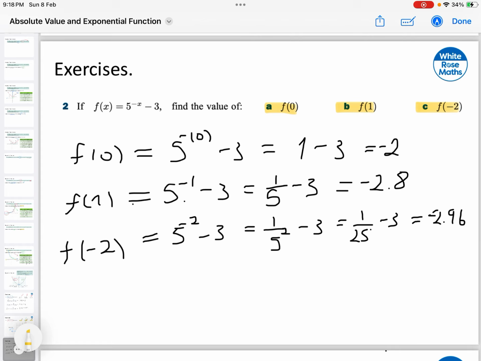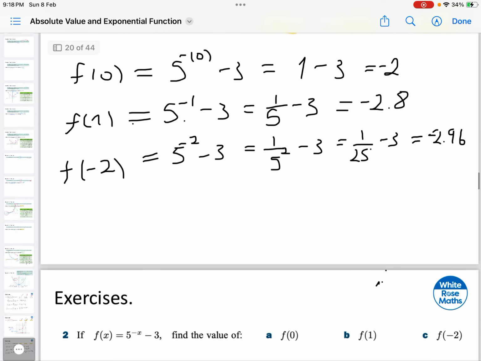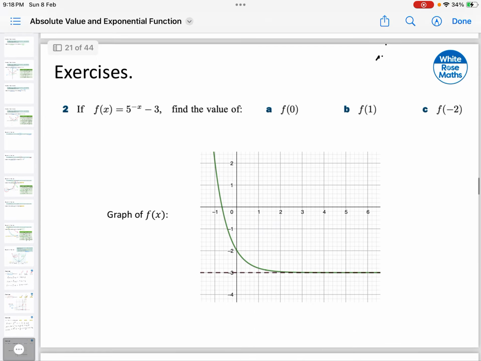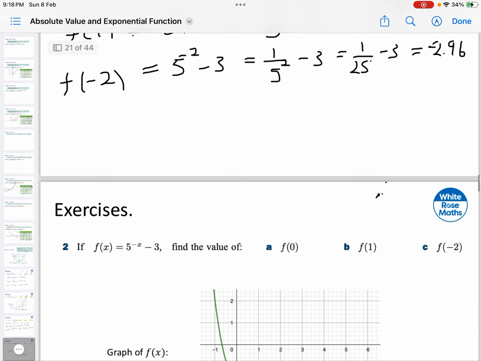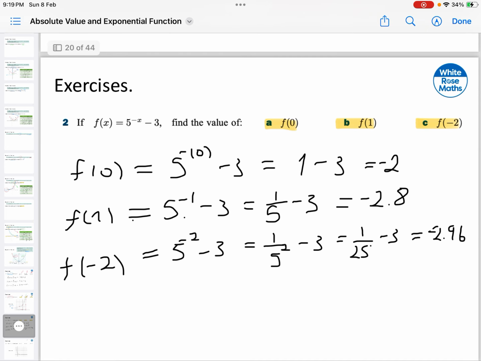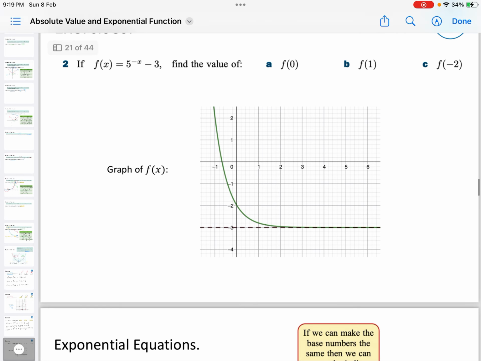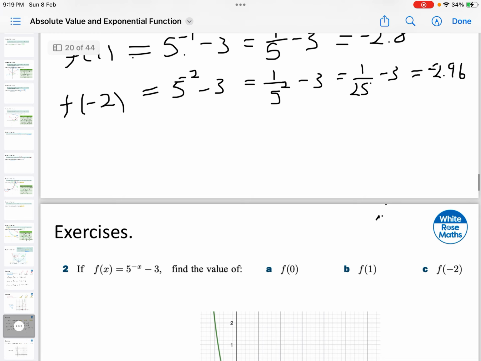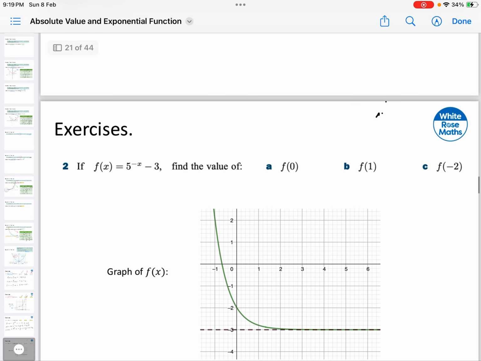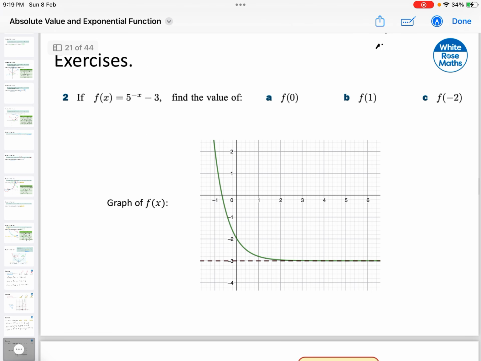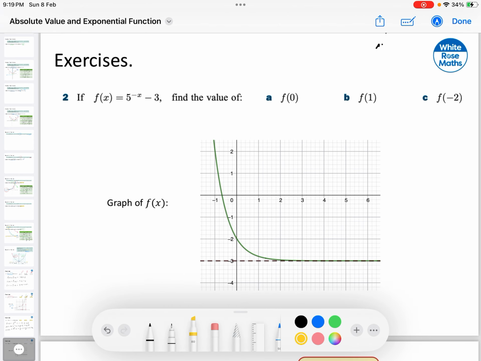You plot the graph and then verify that the graph that you have definitely shows those 3 points. So let's do it over here very quickly. So let's check that the ones we have on top for f of 0, f of 1, and f of negative 2 is exactly what we have here. So let's write down the answers. We had negative 2, negative 2.8.